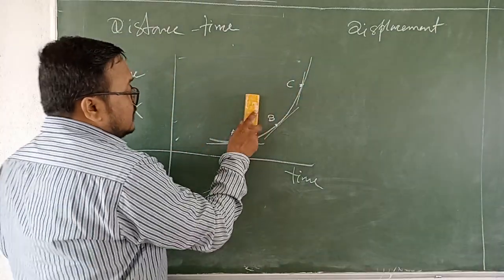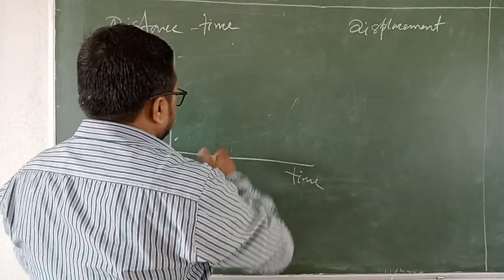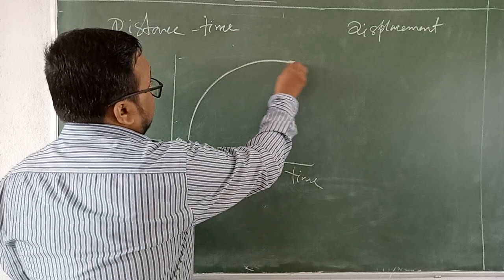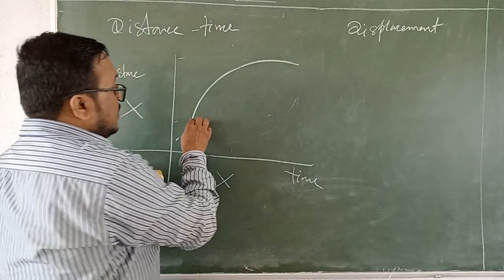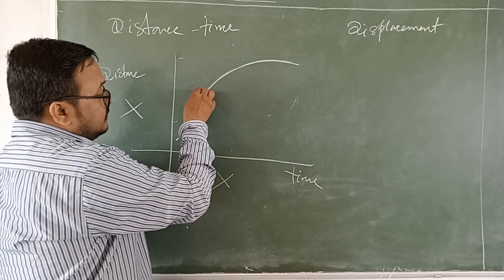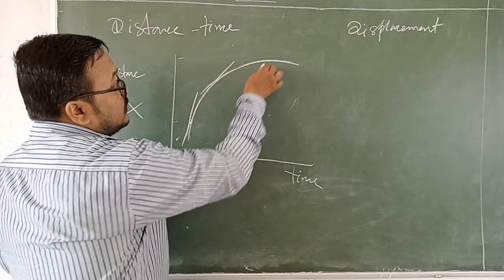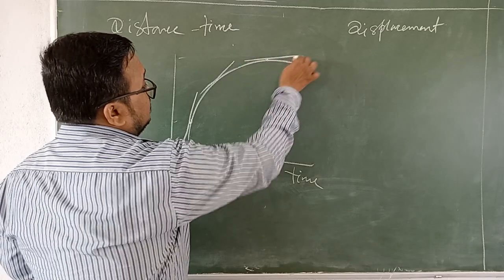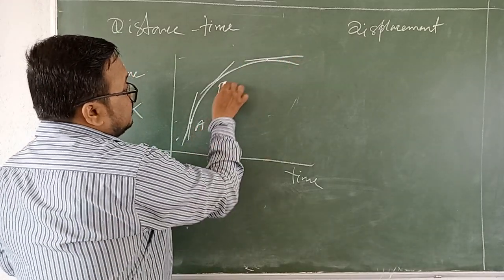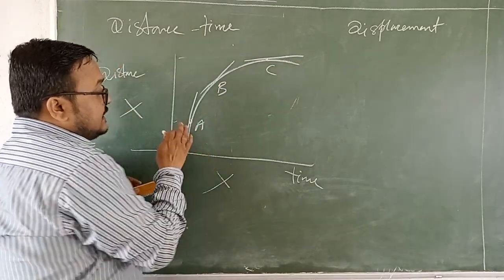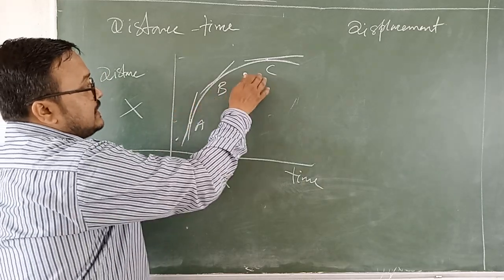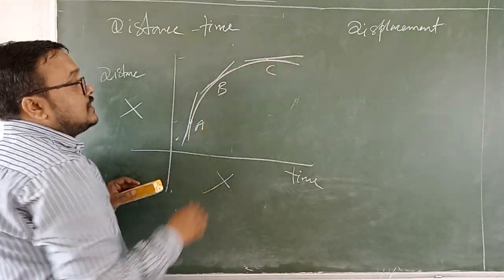Another graph, if the graph is like that, then what will we observe? We again draw the tangent at this point, then tangent at this point, then tangent at this point. What will we observe for the point A, B, C? That the slope at A, B and C is decreasing with time.